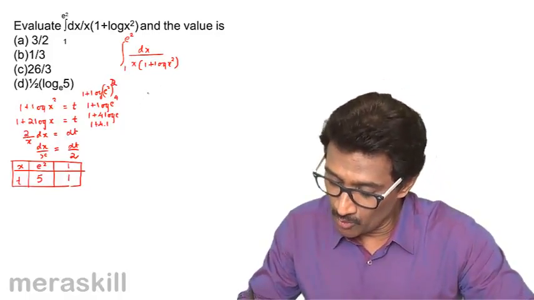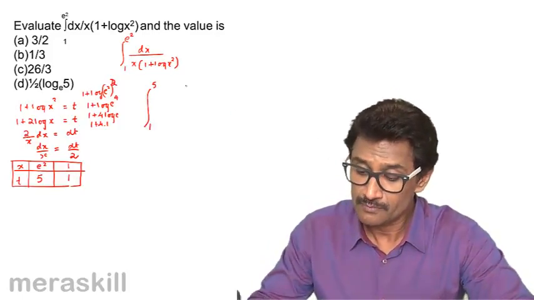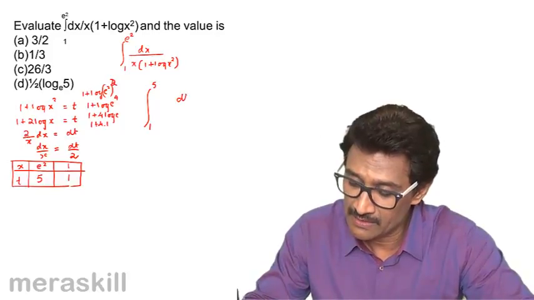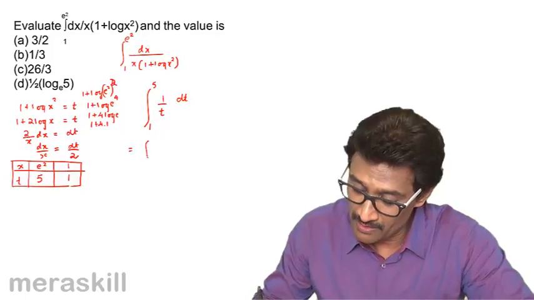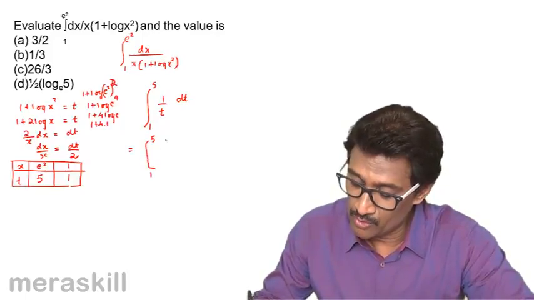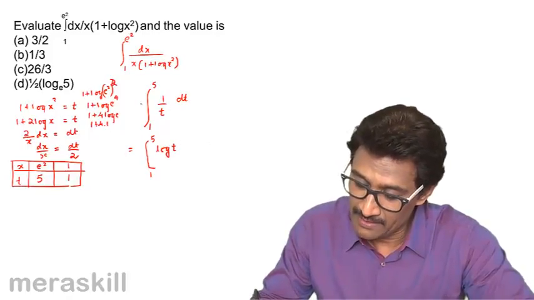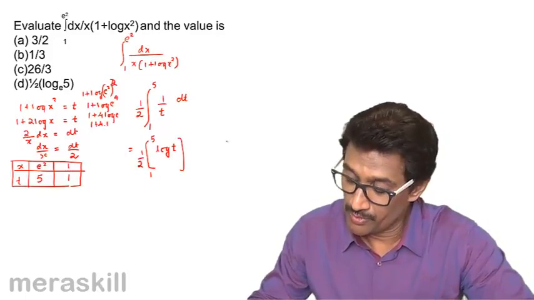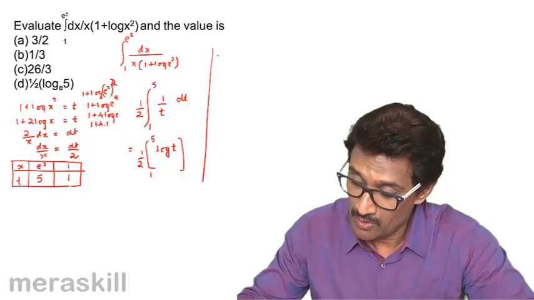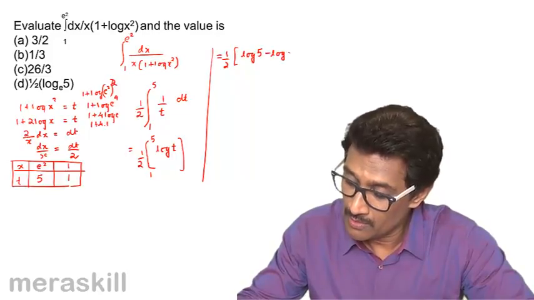So now how does this whole thing change? The domain changes from 3 to 1, and dx by x is dt, and this is 1 by t square. So it's eventually going to be the integral from 1 to 3 of dt by t square. That gives half into log 5 minus log 1.